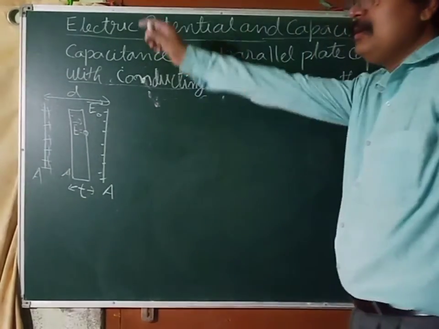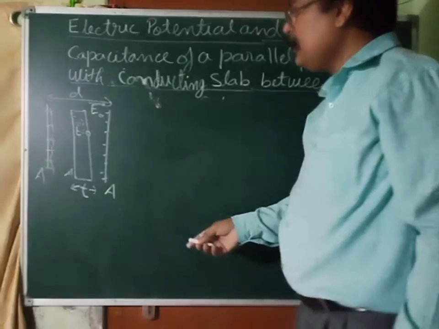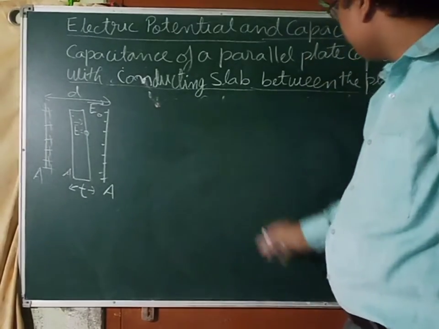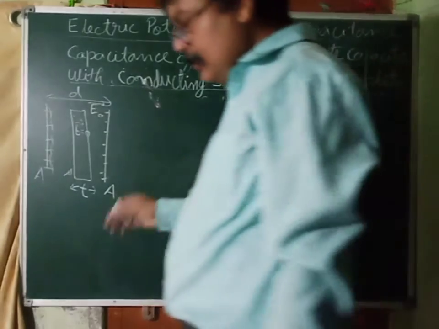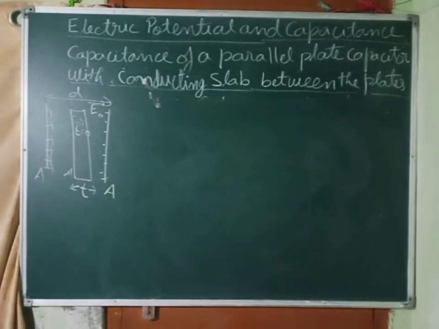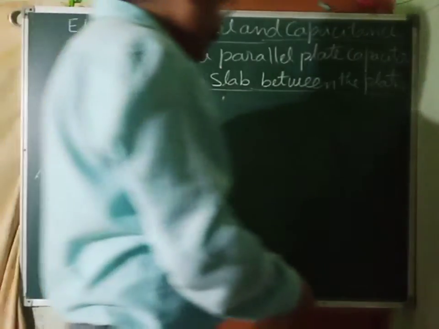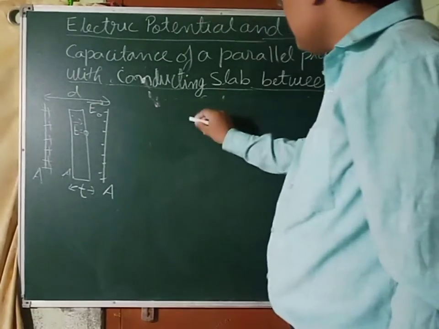Now we have to write the expression for potential difference. So just write the heading and draw the diagram. Okay, done. Now we have to discuss the potential difference.